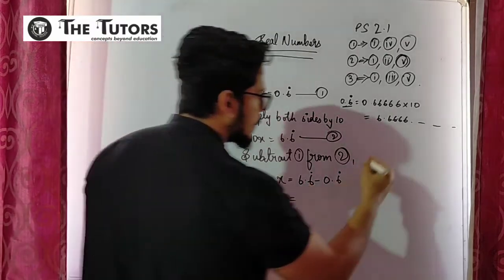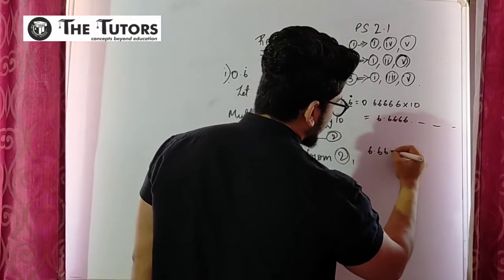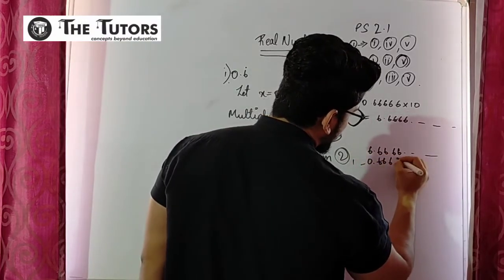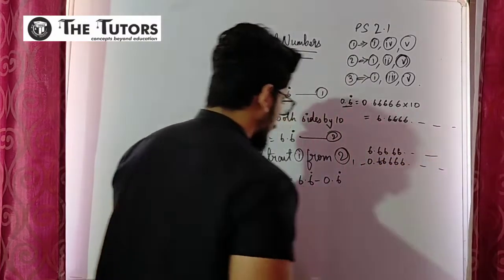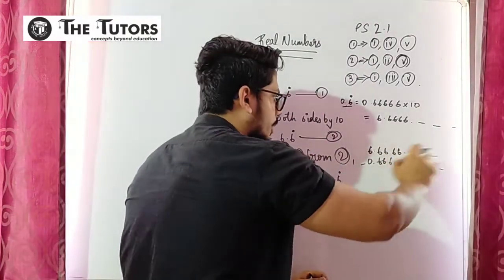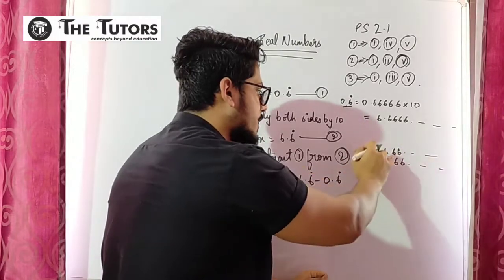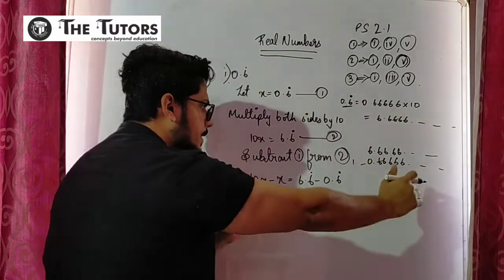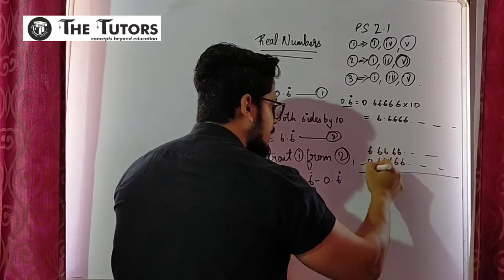But here you have the series as 6.6666 minus 0.66666. After the decimal, the series is going on. But before the decimal, you have only one number. Now, if you subtract this, 6 minus 0 is how much?